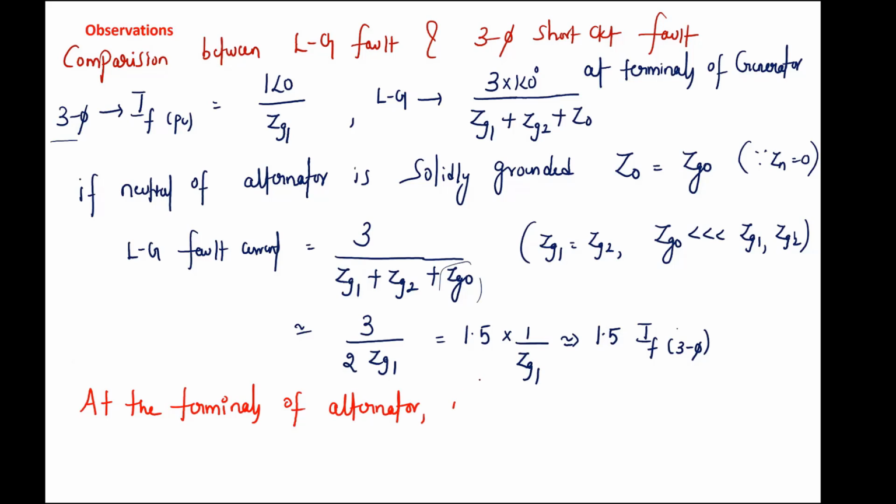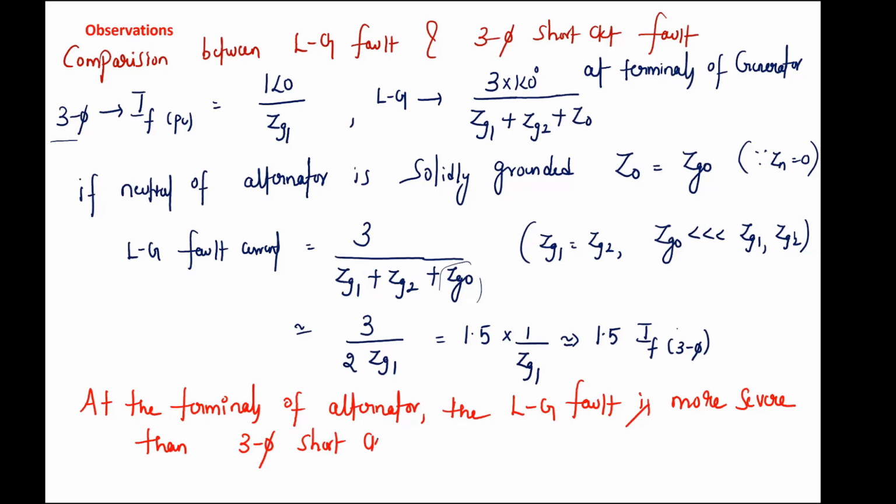the LG fault is more severe, because its fault current is approximately 1.5 times that of the 3-phase fault. LG fault is more severe than the 3-phase short circuit fault.